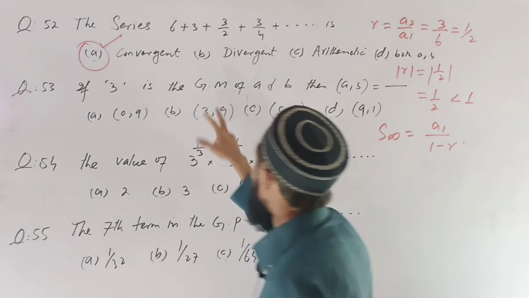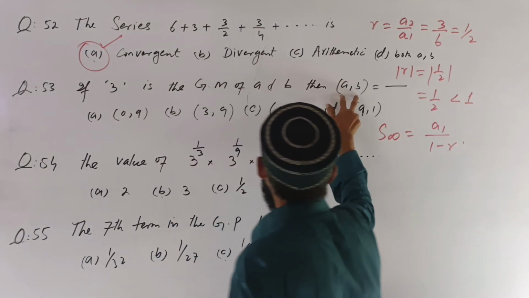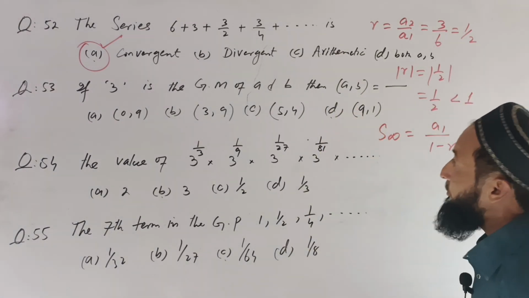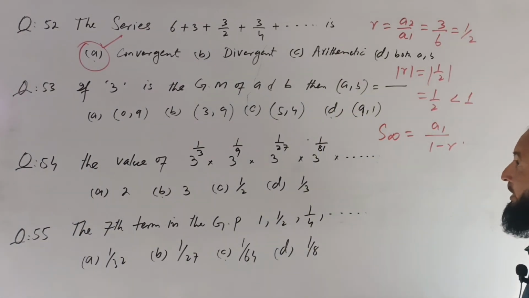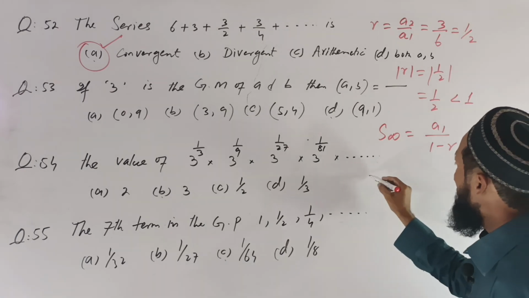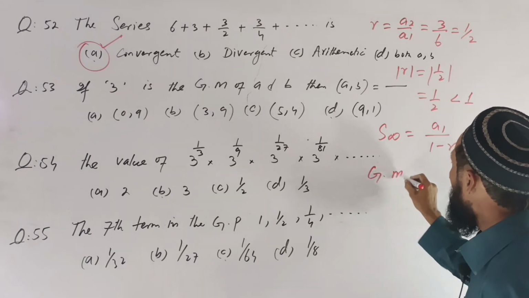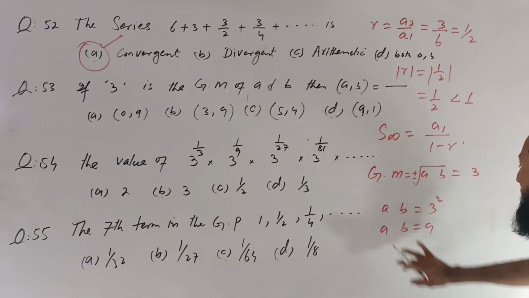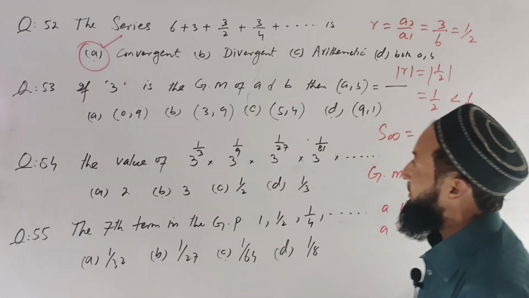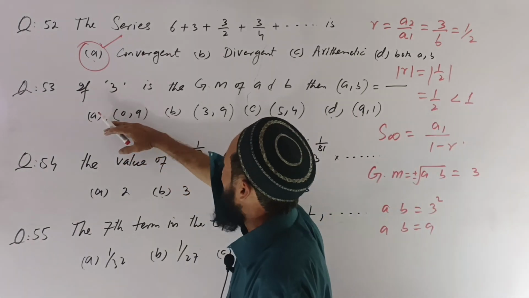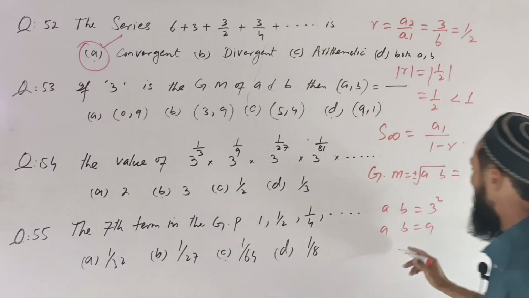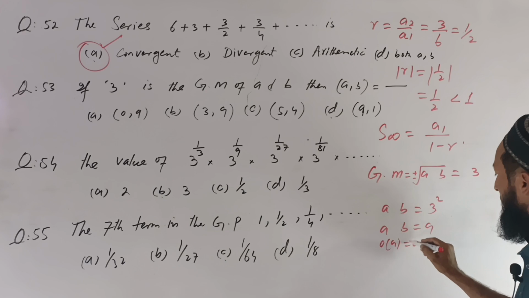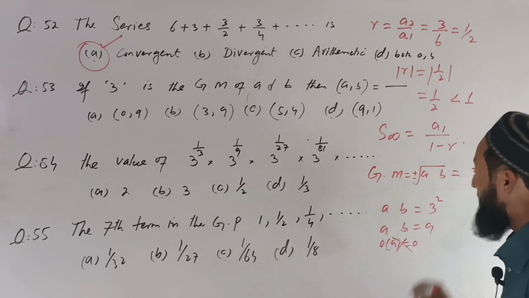Similarly, if 3 is the geometric mean of A and B, then what is the value of A and B in ordered pair form? As we know, 3 is given as the geometric mean, and the geometric mean is the square root of the product of the two. So look here, in the first order, if both are multiplied, 0 multiplied by 9 we will get 0, that is not equal, so that is not correct.